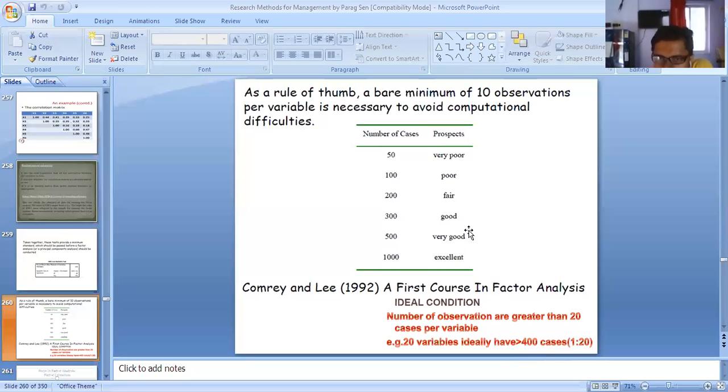It depends on the variables, but researchers suggest that whatever the number of variables, at least 200 to 300 samples is ideal to conduct a structural model.